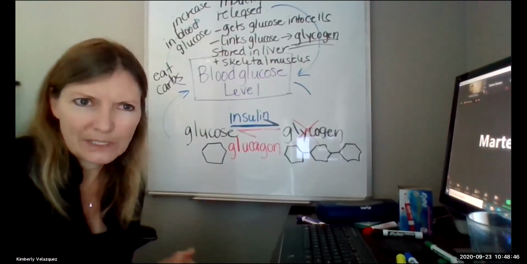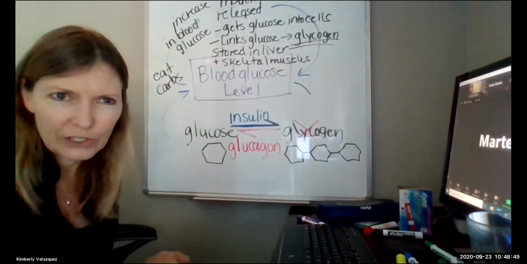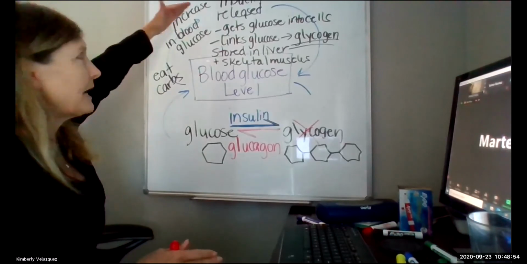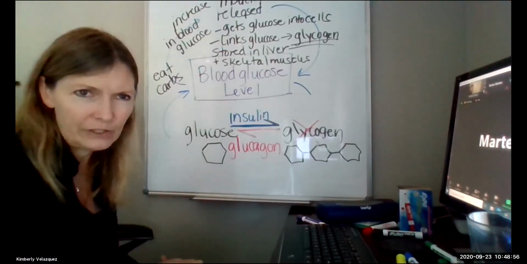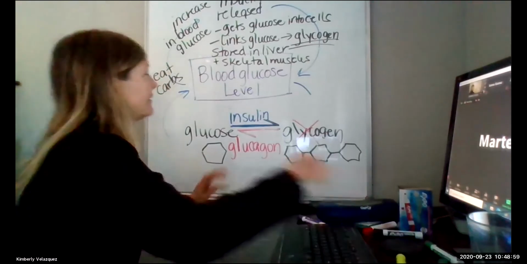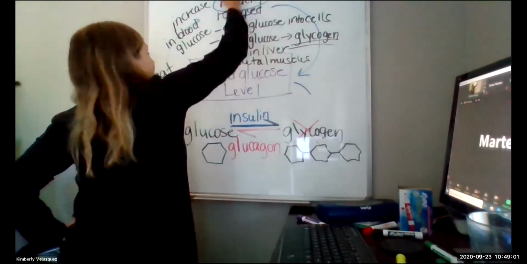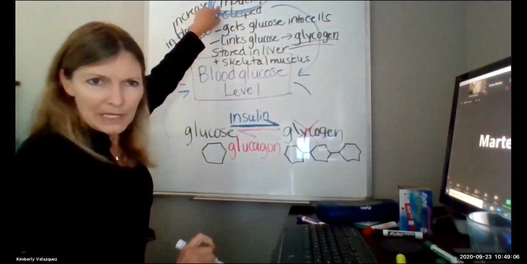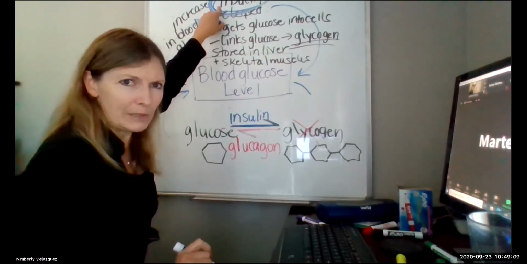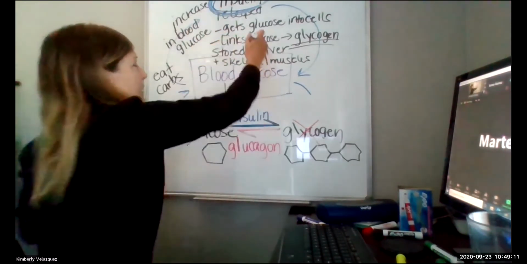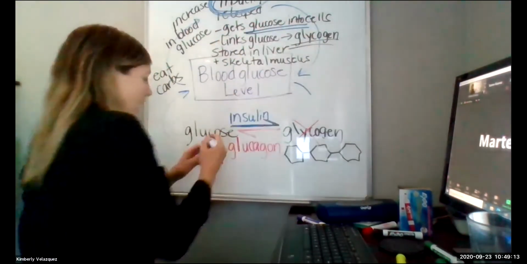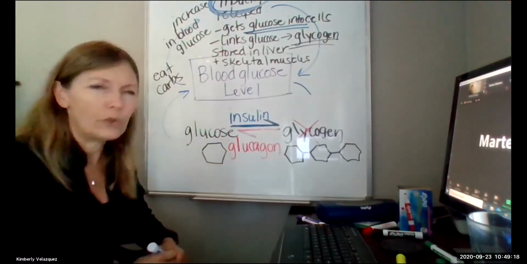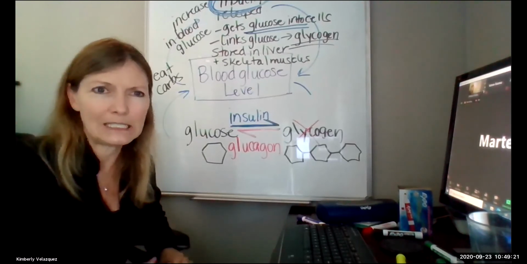So if you think about the difference between the two kinds of sugar, if you're eating simple carbohydrates and you're getting this big spike in blood sugar, you're going to also have a big spike in insulin getting released. And remember, this insulin has to bind to your cells, everything but your brain cells, to get glucose into your cells. And over time, if you're doing this a lot, your cells become what's called desensitized.